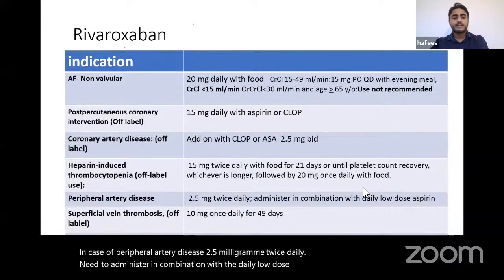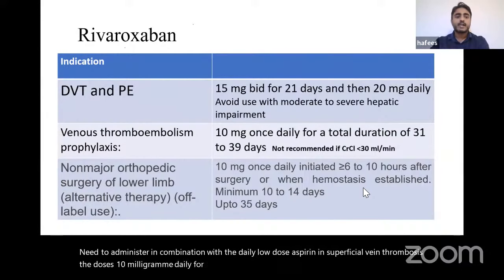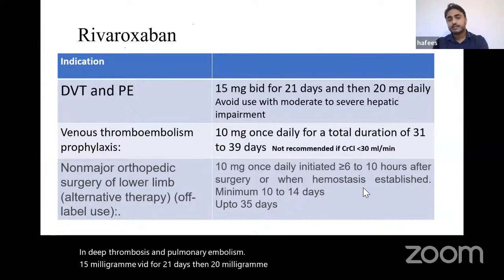In superficial vein thrombosis, the dose is 10 milligram daily for 45 days. In deep vein thrombosis and pulmonary embolism, 15 milligram BID for 21 days, then 20 milligram daily. So after 21 days, you need to continue 20 milligram daily indefinitely.